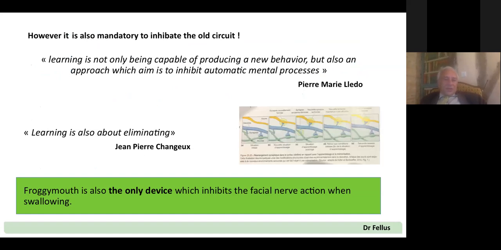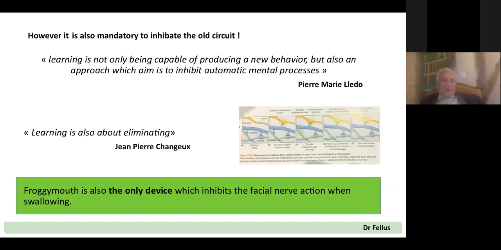But there are 3 points when you want to change a function. The first is to print the new one. The second is to obtain the automatization. But the first one, which is also very important, is to inhibit the old circuits.